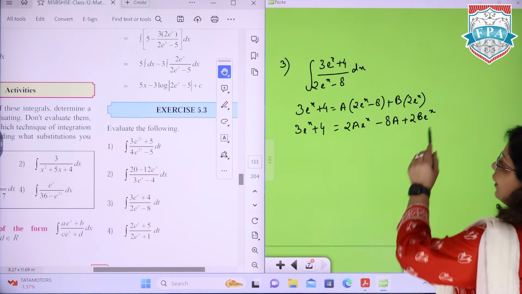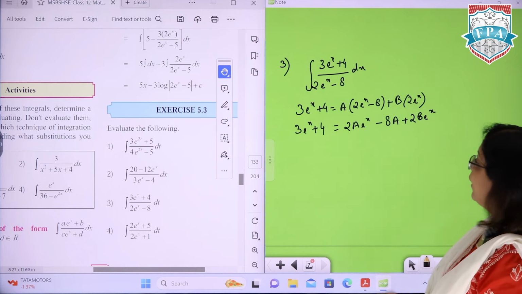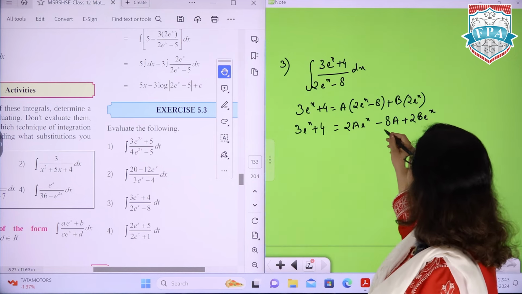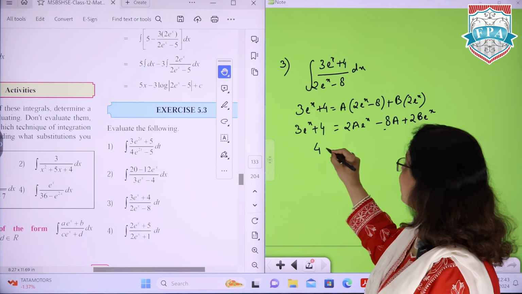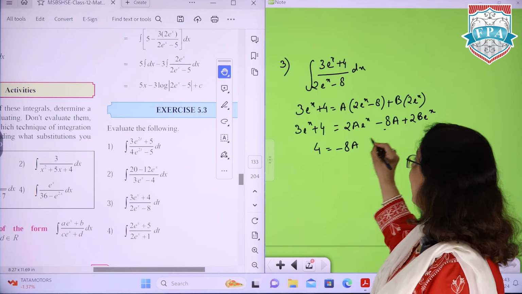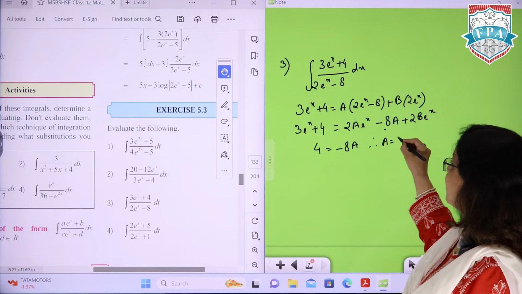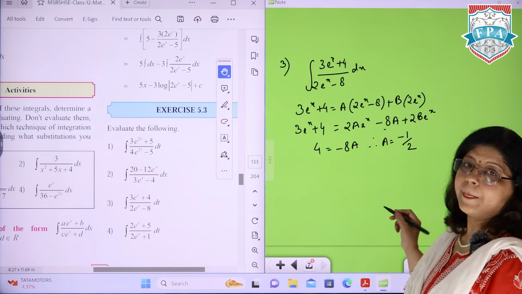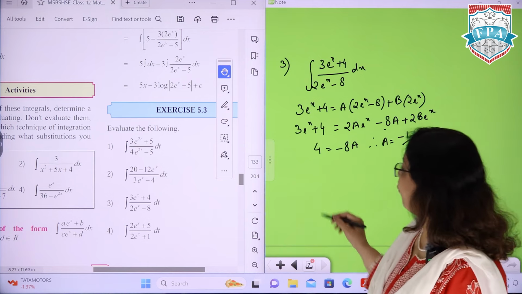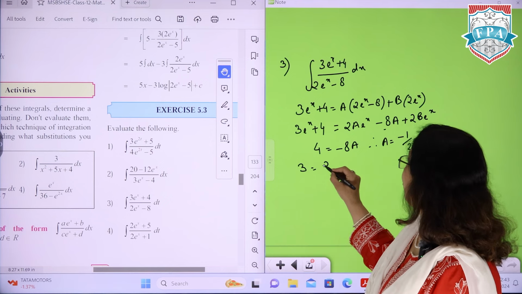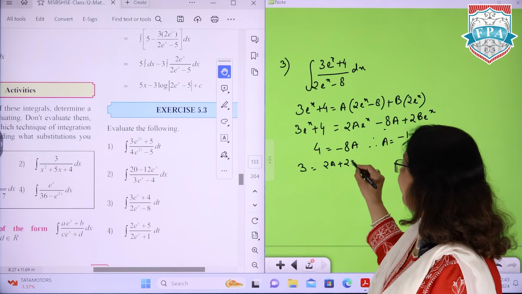Now here we'll do direct comparison. So there are two terms of e to the power x and one term which is a constant. So 4 is equal to minus 8a, and therefore we get the value of a, which is minus 1 by 2. For b, we'll use this value of a. 3 is equal to 2a plus 2b.